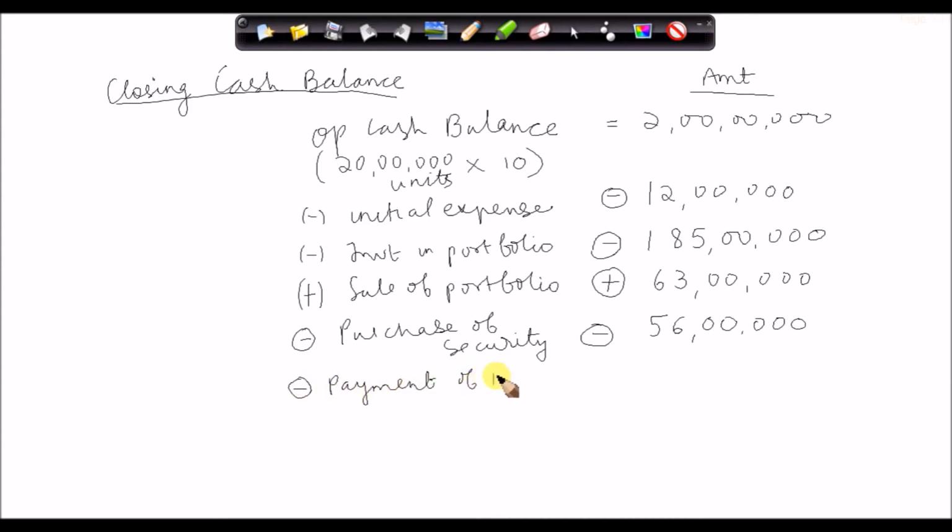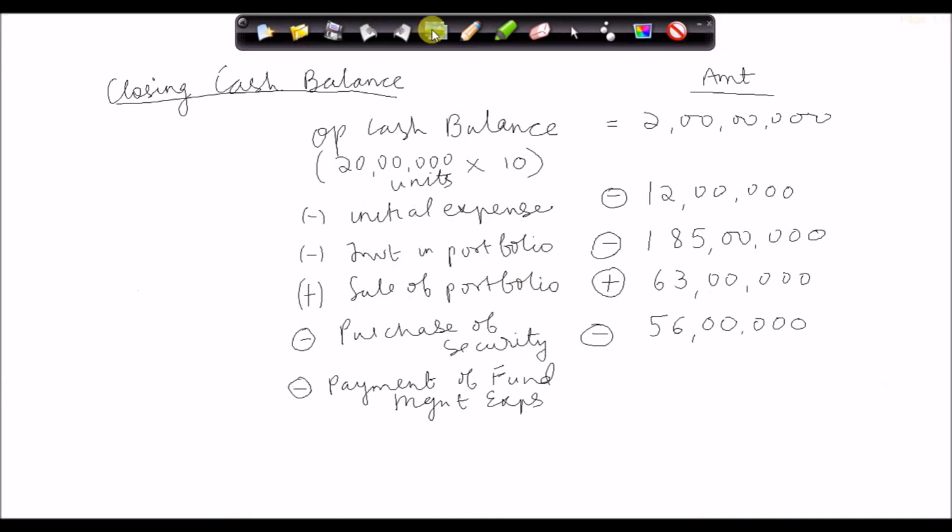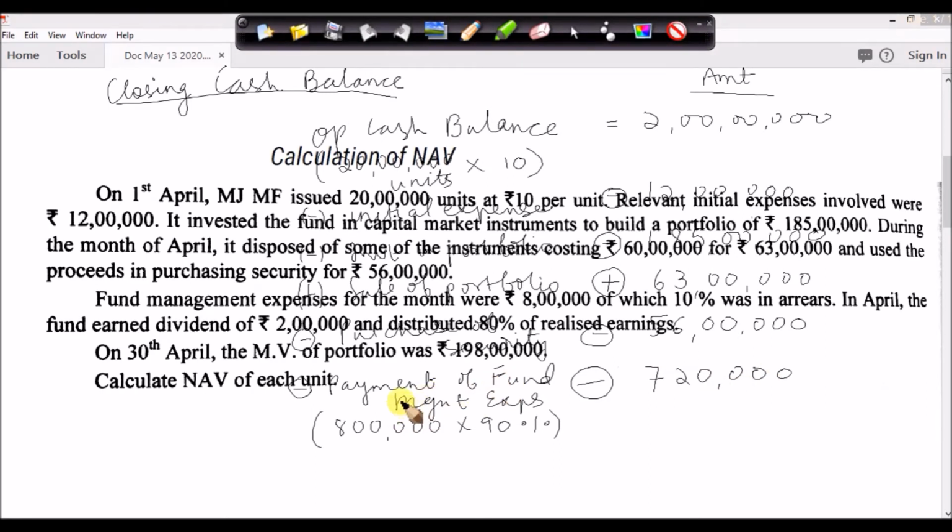Payment of fund management expenses: 10% are in arrears, so out of 8 lakhs, we have paid to the extent of 90%. 8 lakhs into 90%: 7,20,000 is the amount which we have paid for fund management expenses.